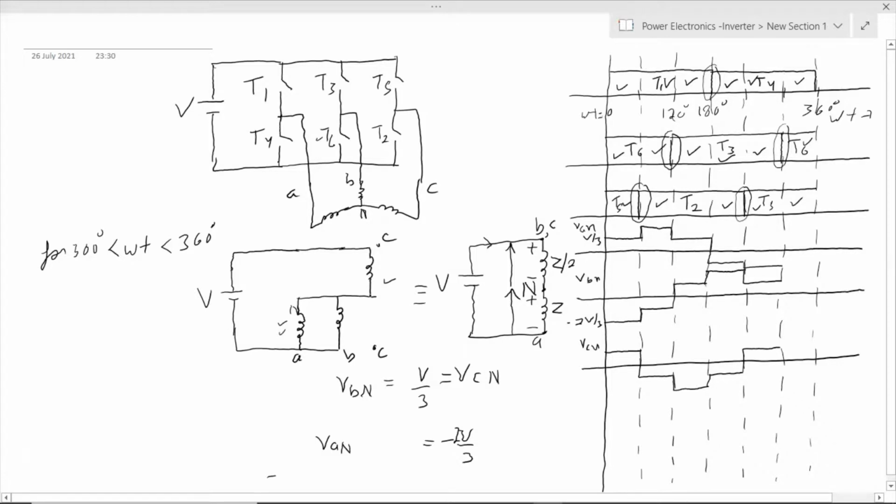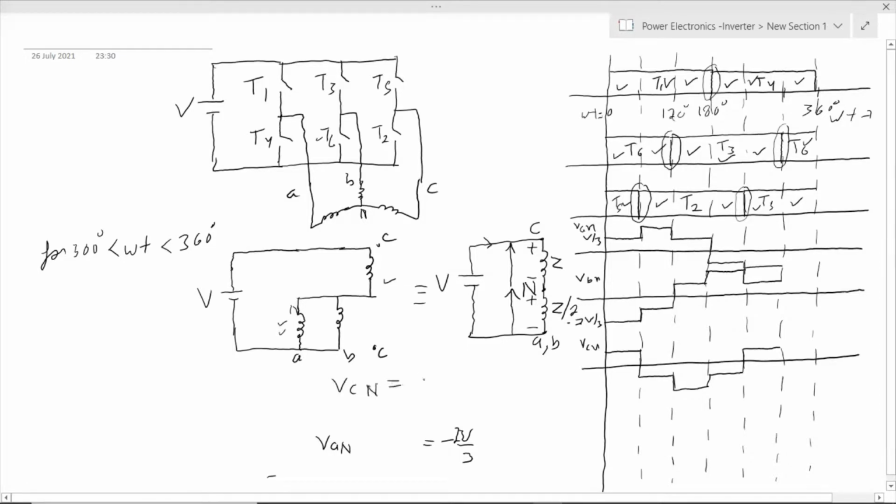So now we can just again change the circuit. So it will be C, and then it will be Z, and then A and B are connected to negative potential, zero potential of the DC battery source, and the impedance between neutral and these phases is Z by 2. Okay, so we can now write what will be your VCN.